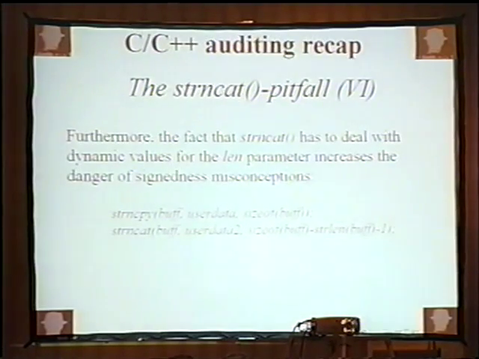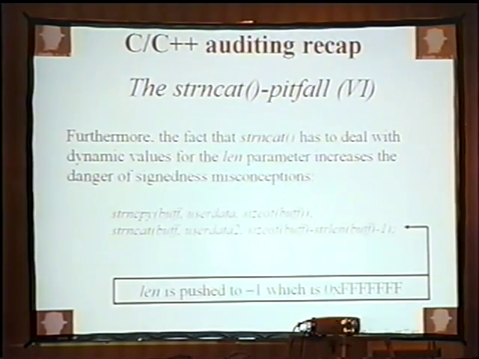And when the strncat executes afterwards, wait a second, as size of the buffer is equal to the string length of the buffer, this evaluates to 0. So if you subtract 1 from that, you get 4 billion, which is a pretty long string to append.